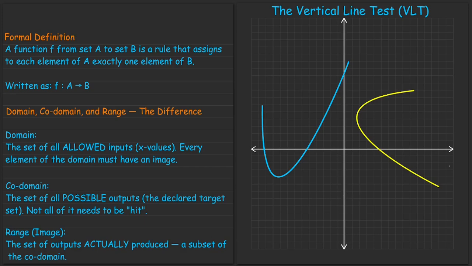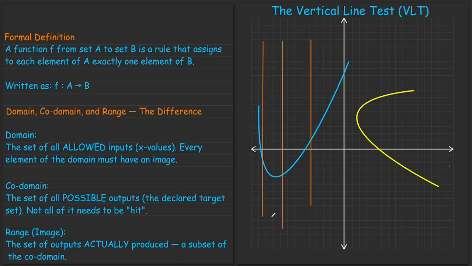A function. So to prove that test, if we are to draw vertical lines, this is a vertical line. There is no vertical line that when I draw it is going to touch two places on this blue line, which actually represents a curve or a function.